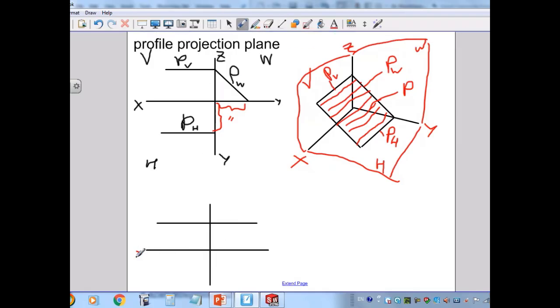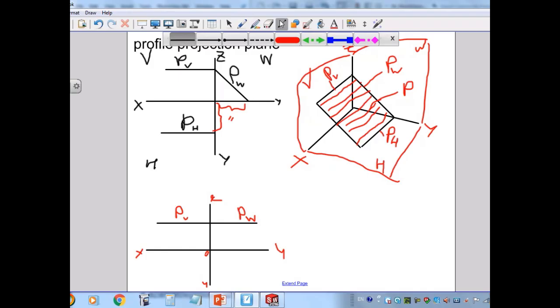That is X, Y, Z, 0. That is PV and PW. It's a plane that is parallel to the horizontal plane. That's why it goes parallel. So this is the projection of level.